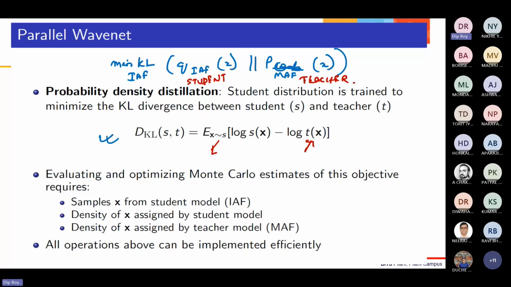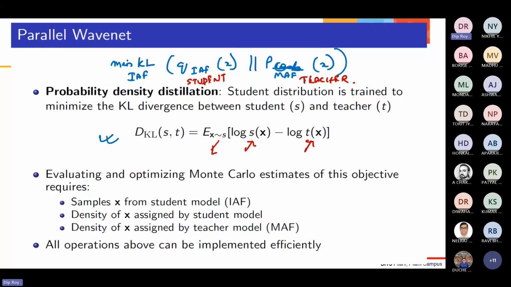Now, for the same point, we would also need to calculate the density via the student model. But we said that the student models are not good in training because the training is sequential in nature, right? It's slow.